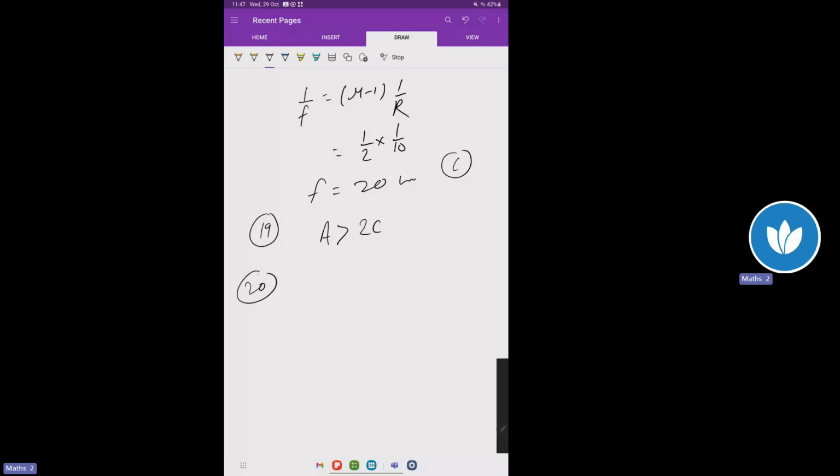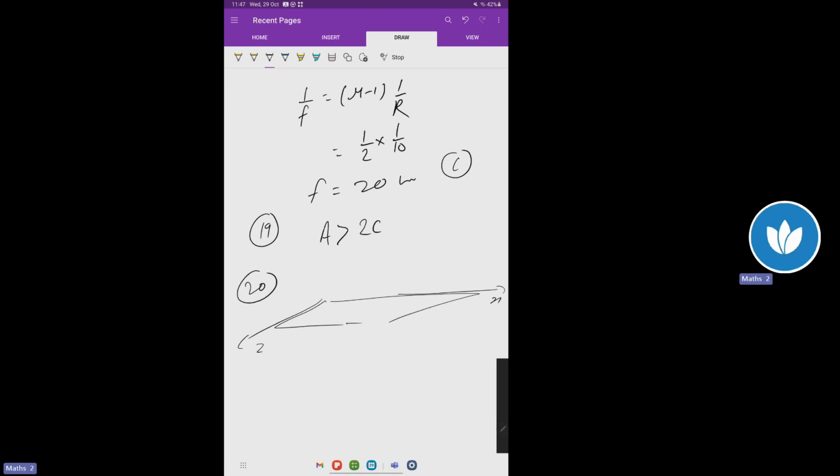Question number 20. Two media A and B of refractive indices mu1 and mu2 are separated by the xz plane. Light travels from A. Here, this medium is A, this is B. Refractive index is 2.